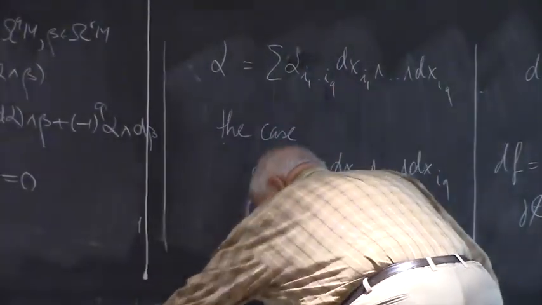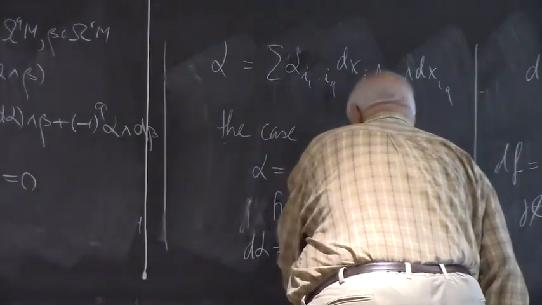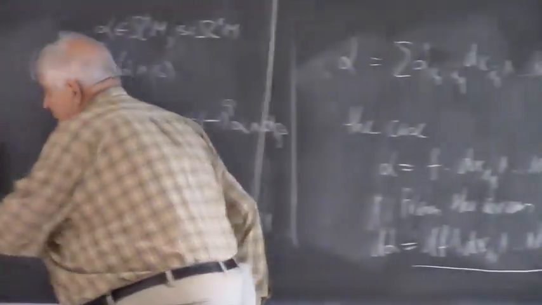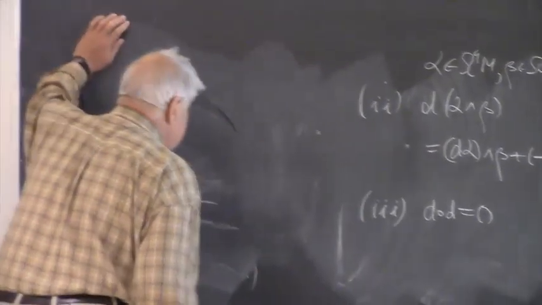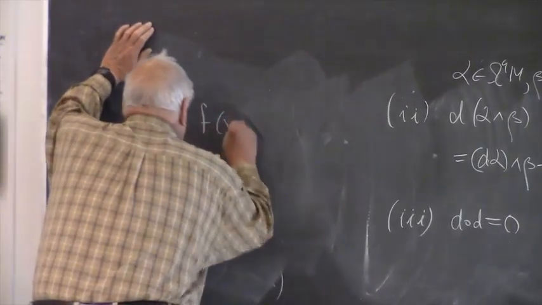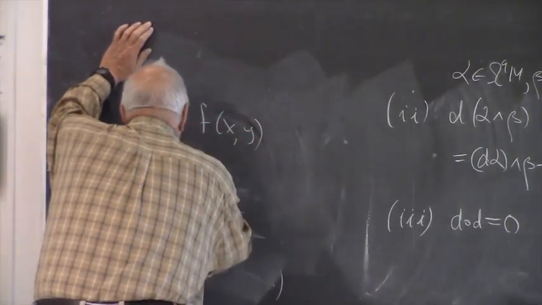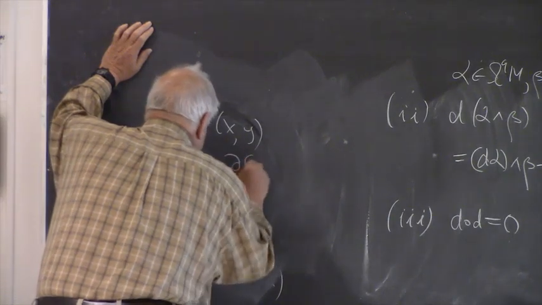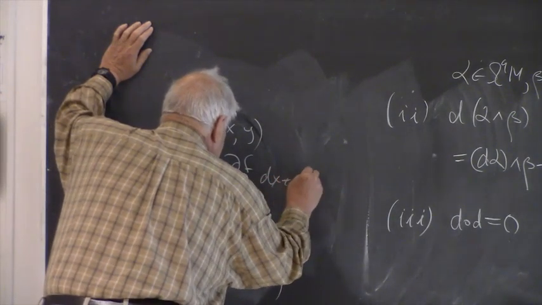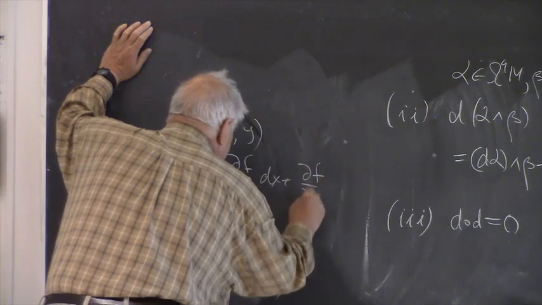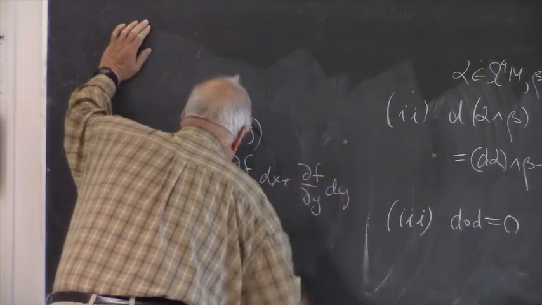Now again, not for proving any theorem, but simply, suppose that we have a function of two variables, f of x, y. Then what is df? This we know: df over dx, dx plus df over dy, dy.